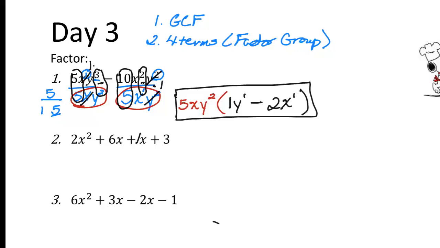Then I check my variables, x's, but the last term has no x, so I can't have any greatest common factor. So the GCF for this one, there is none. I do have 4 terms, so I will factor by grouping.